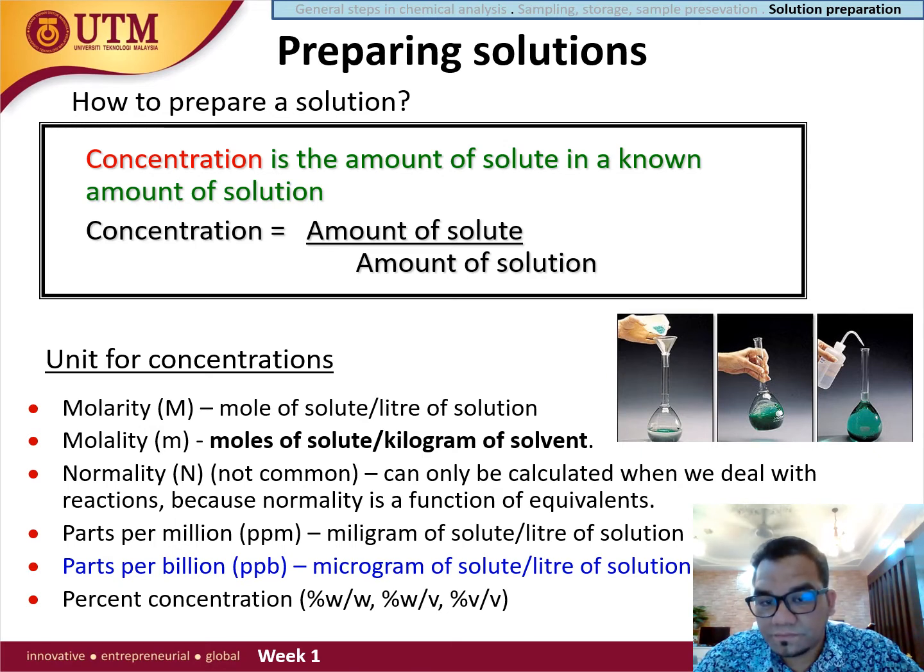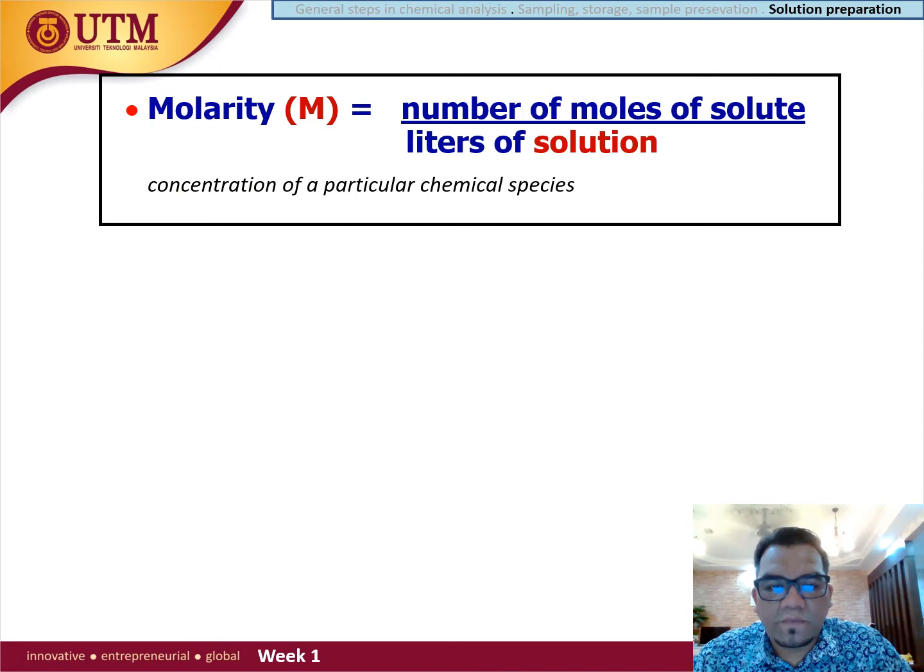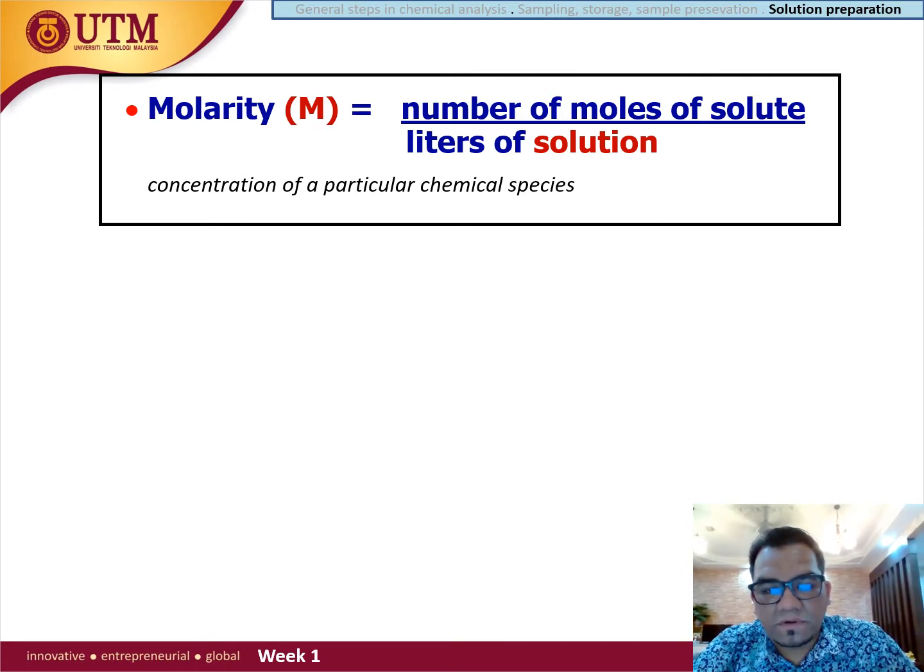All right. So here we have molarity, number of moles of solute divided by liters of solution. It's the concentration for a particular chemical species, meaning that molarity can be, for example, the molarity of calcium nitrate. We dissolve 1 mole of calcium nitrate in 1 liter of solution, so we have 1 molar of calcium nitrate.